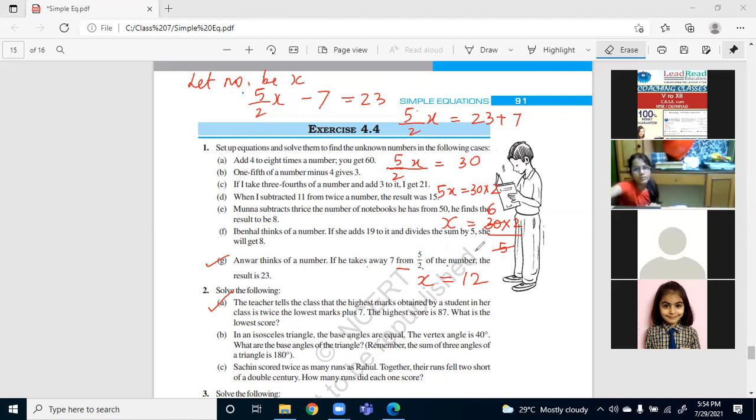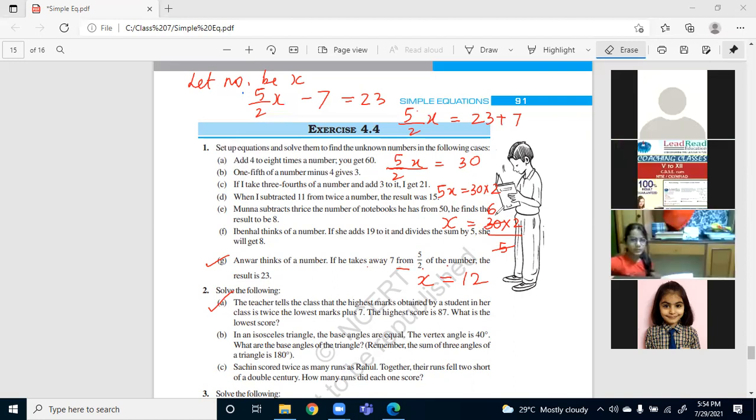If you move 5 to the other side, then it will be in division. Okay, ma'am. So we moved 5 to the other side and it became division. Yeah. And if you cut 5 and 30, you will get 6. So the final answer is 12. Okay, ma'am. Thank you, ma'am.